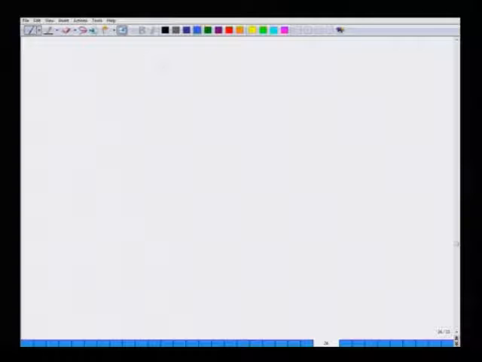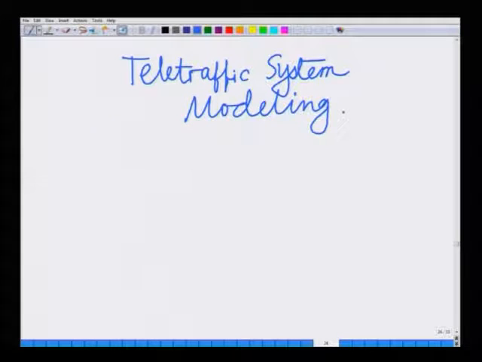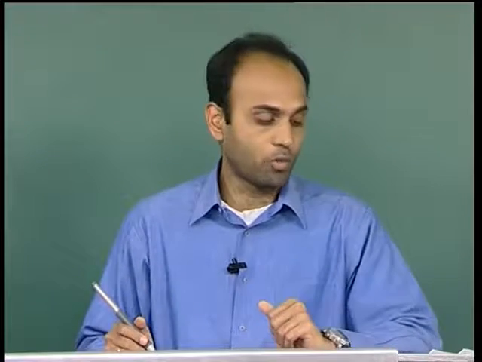Since the call events are random, we have to start with a probability based framework to model these call processes.